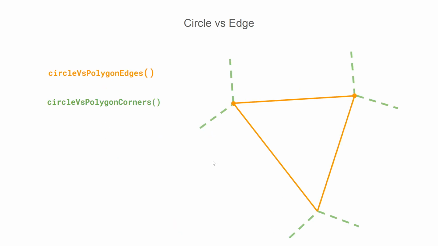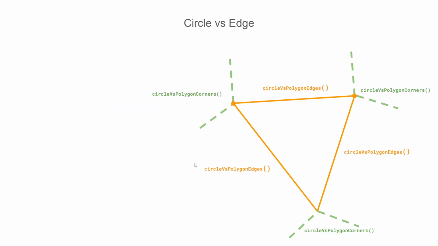Okay, so as I said, we have two methods: circle versus polygon edges and circle versus polygon corners. You can see the areas again where we're going to call these methods, and here it's again a short visualization. This area we call the circle versus polygon edges, also in this one, also in this one, and at the corner cases we're going to call the other method. Note that we are not going to call this method 3 times.